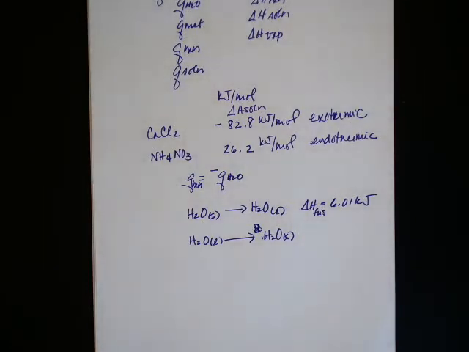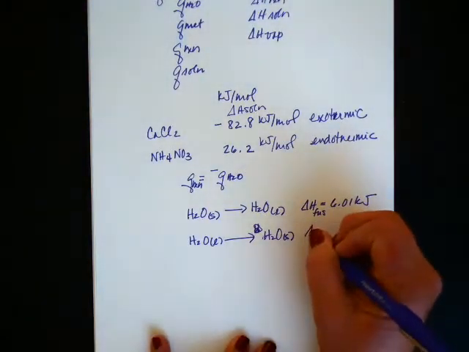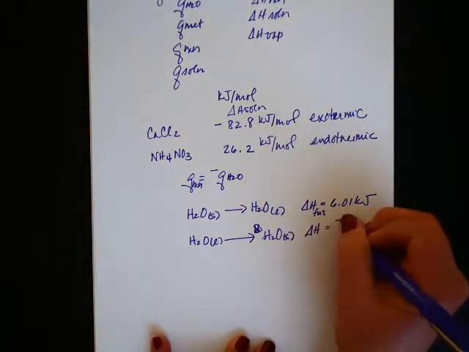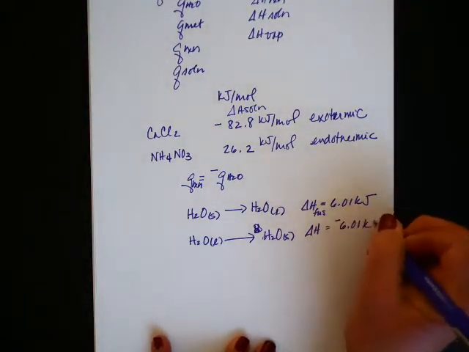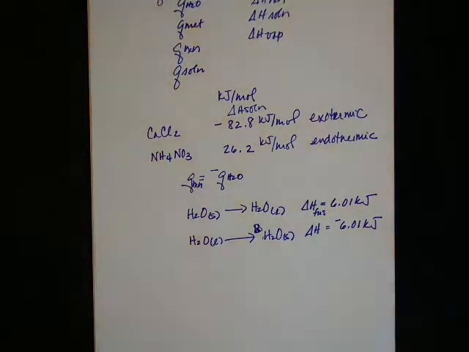What's its delta H? Negative 6.01 kilojoules, correct. So anytime we have opposing processes, like condensation and evaporation last week, the value of delta H will be the same, but the sign will change. It will have an opposite sign.